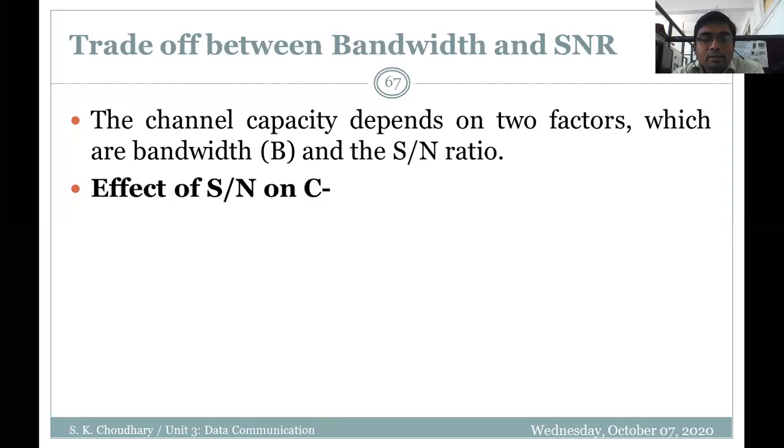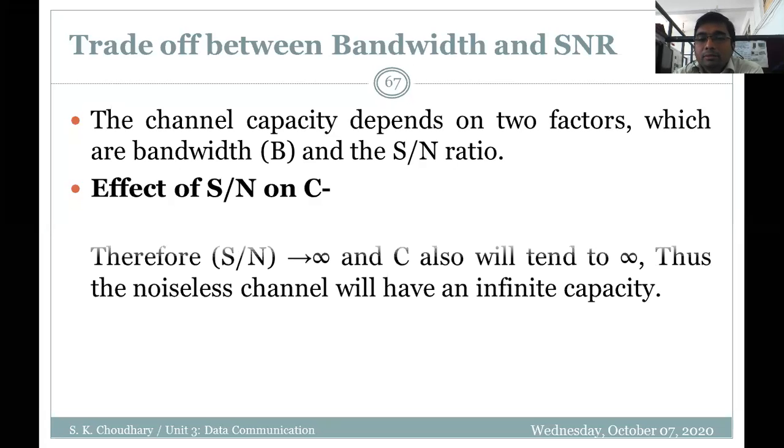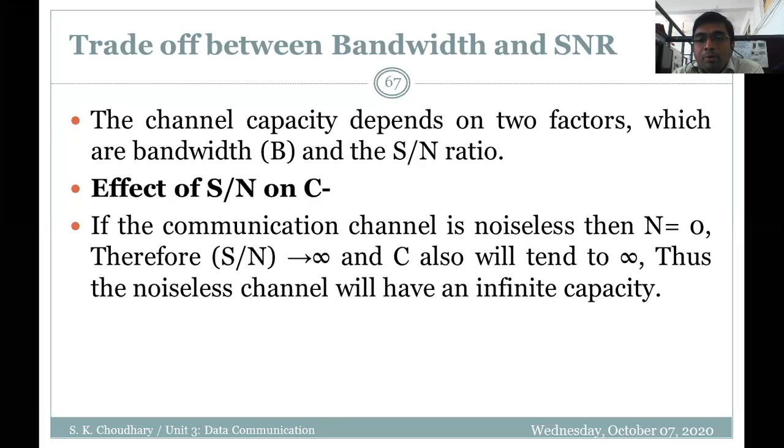The first parameter that we are going to consider here is the effect of signal to noise ratio on channel capacity. If the communication channel is noiseless, then we know that at that moment noise power is 0 because there is no noise.